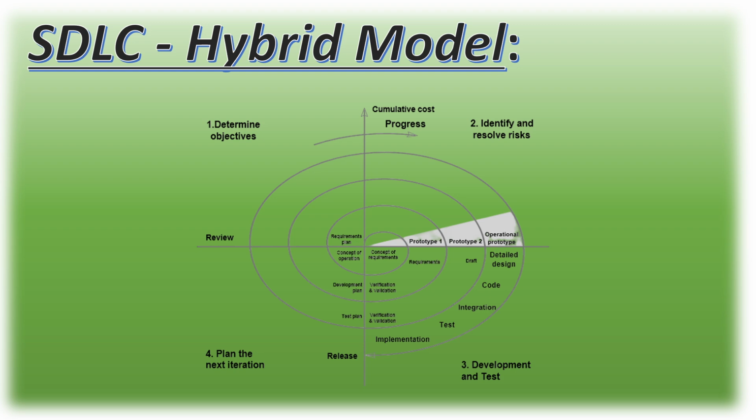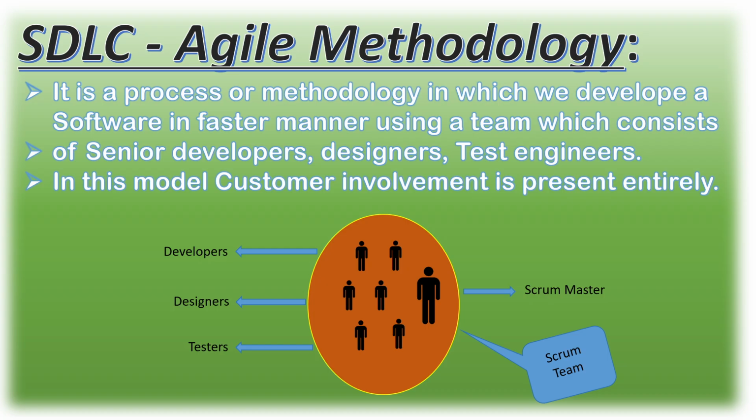All right, so next, the most important model, that is Agile methodology. It is a process or methodology in which we develop software in a faster manner using a team which consists of senior developers, designers, and test engineers.